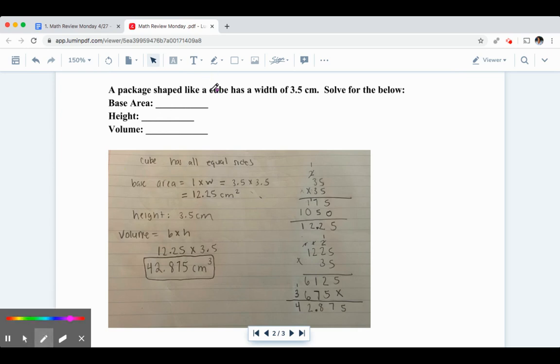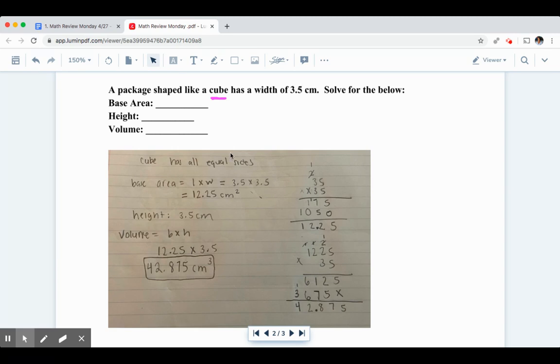Keywords here are that our package is shaped like a cube. We know that a cube has all equal sides. So because a cube has all equal sides, I know that my length, my width, and my height are going to be the same. So they all are going to have the dimensions of 3 5/10 centimeters.